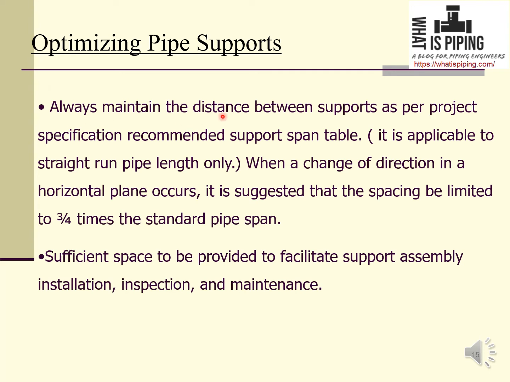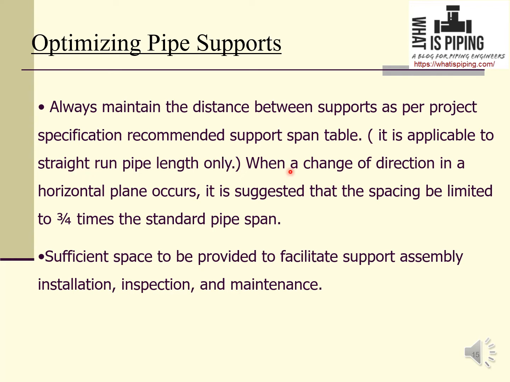Next, always maintain the distance between supports as per the project specification recommended support span table. Usually for all projects, there will be a support span table. This is normally designed for straight run of the pipelines.